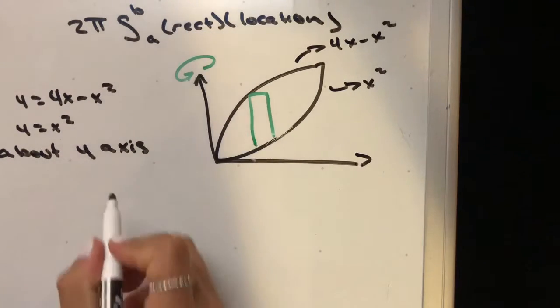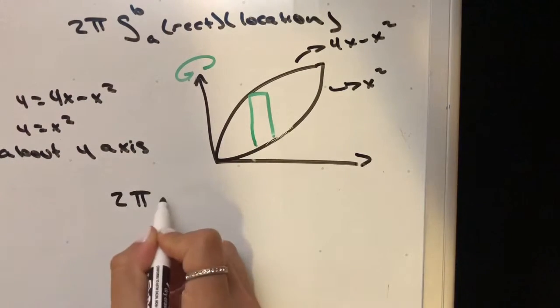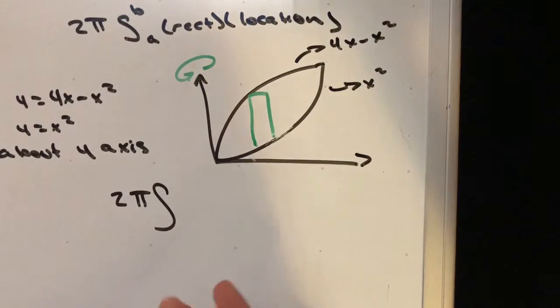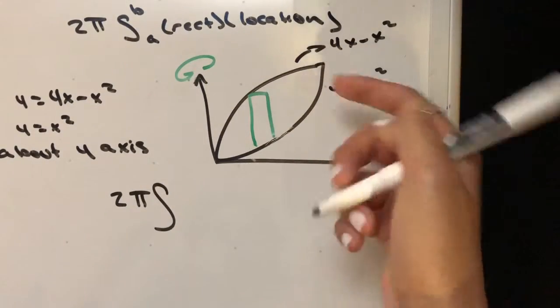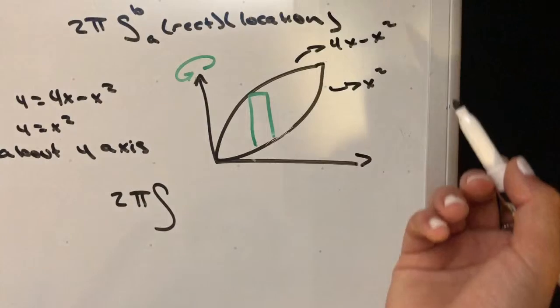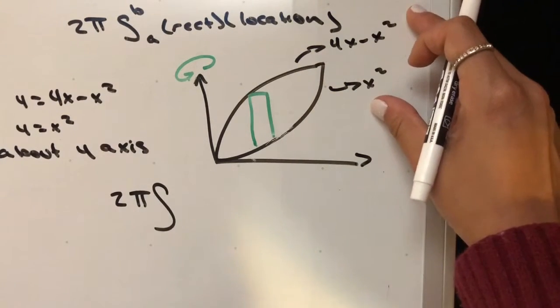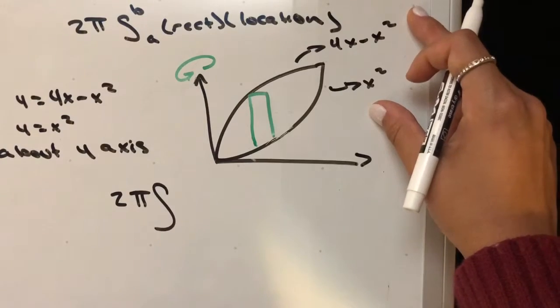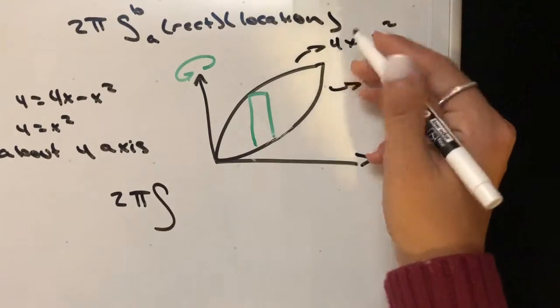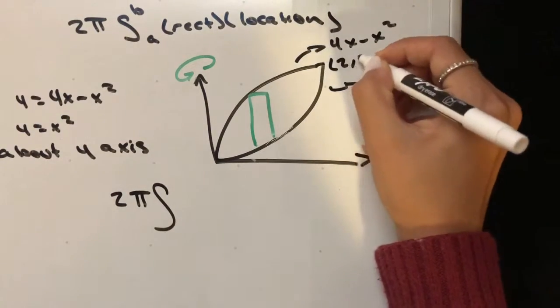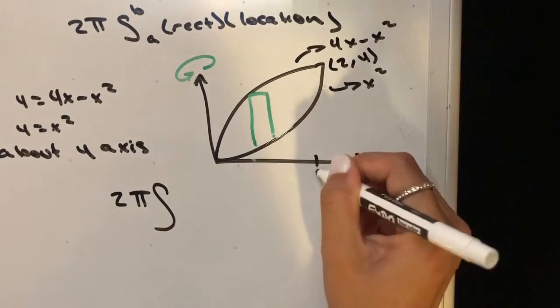So we have our 2 pi, and then we need to find our bounds. So we need to figure out what this is. For that, you just use your intersect key, or you could set these two curves equal to each other and figure out the zeros. But for the sake of time, it's 2, 4, which makes this 2.